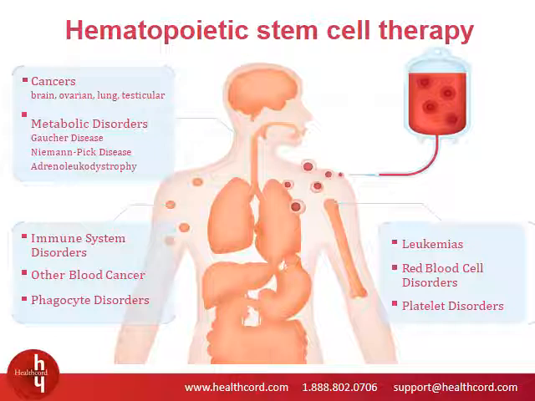They've already been used in clinical applications to restore blood cells and immune cells via bone marrow transplants and cord blood transplants. Around 80 different diseases are currently treated with hematopoietic stem cells from both bone marrow and cord blood. Hematopoietic stem cells were explored in detail as part of the Cord Blood Basics seminar series. So if you want to know more, we recommend checking out that webinar.